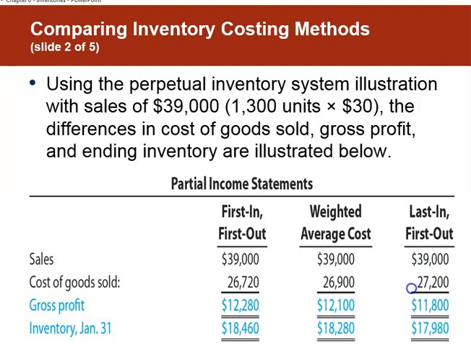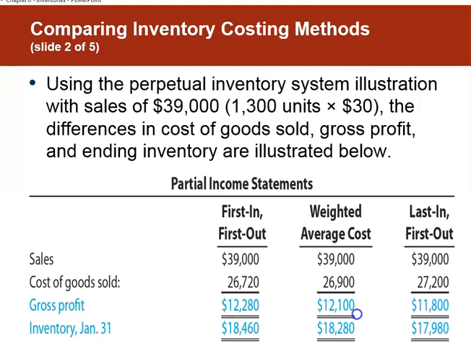But do notice what we're looking at here is a situation where prices have gone up slightly. So cost of goods sold is lowest for first in, first out, and highest for LIFO, and then kind of right in the middle for weighted average. That means because cost of goods sold is less under FIFO, gross profit and ultimately net income will be highest under FIFO and lowest under LIFO, again with weighted average in between.